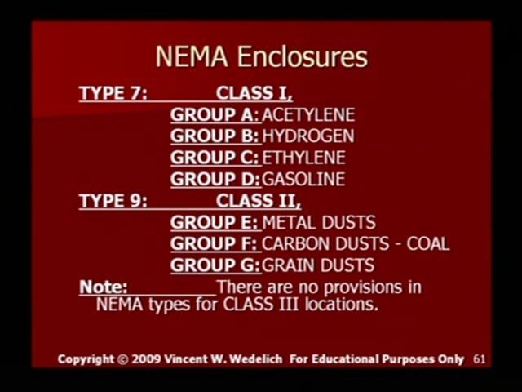Now, I'm not saying you have to use a Type 7 enclosure, but if you were going to use a NEMA enclosure or a large explosion-proof box, you would use a Type 7 enclosure is what I'm saying. If you have a Class 2 area, such as a coal refinery or a coal mine, then you would use a NEMA Type 9 enclosure.